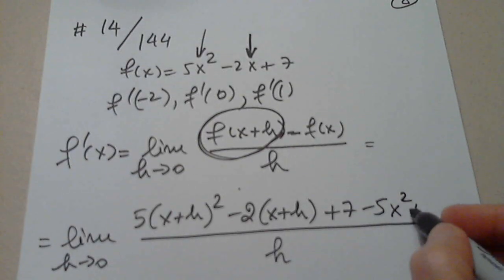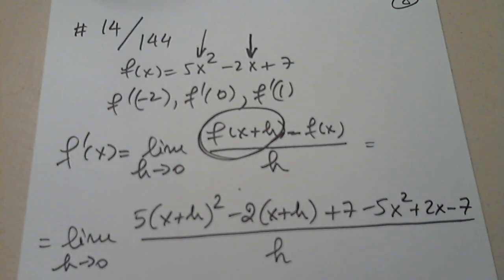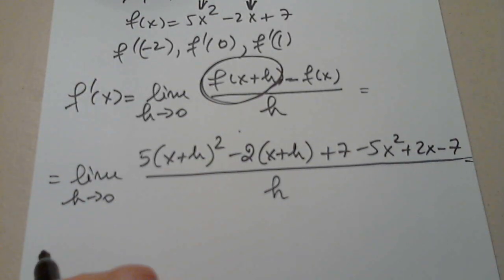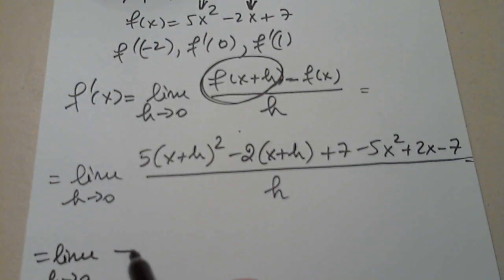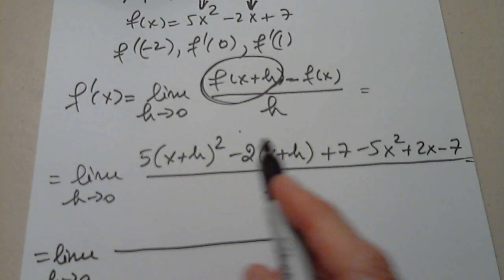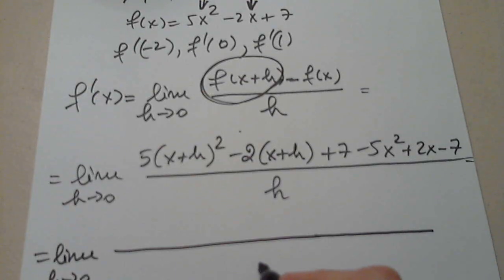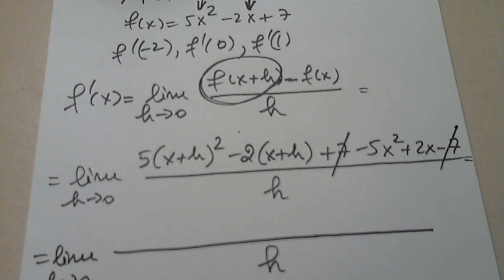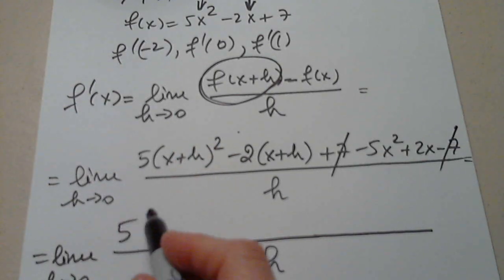Minus 5x squared plus 2x and minus 7. Okay. Can anyone square for us x plus h, please? And of course, 7 with negative 7 will go away. Can anyone square x plus h for us, please?